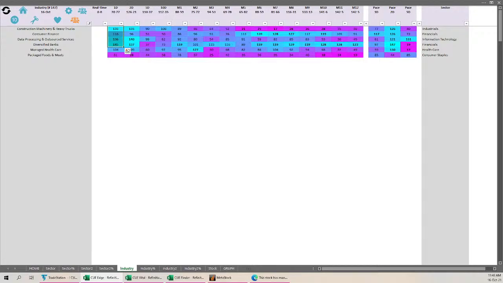So I see these industries are stronger, even managed healthcare, where I am choosing managed healthcare also because I see it is showing acceleration. In fact, all the 5 higher ones, other than the lowest one, packaged foods and meats, 1, 2, 3, 4, 5 industries are showing either strength in the recent period from the relative score or they are accelerating.